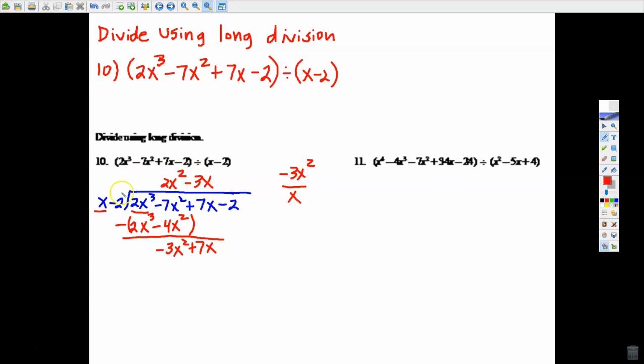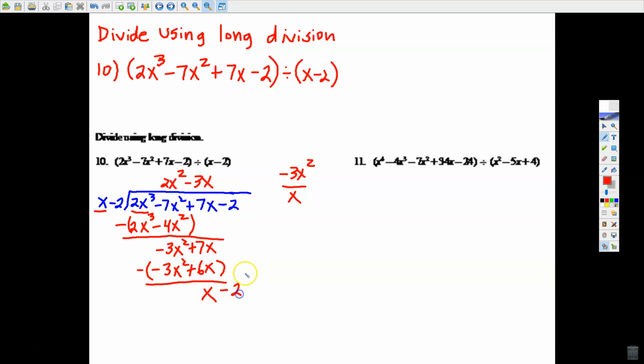And now repeat the distributive property. Negative 3x times x is negative 3x squared. And negative 3x times negative 2 is positive 6x. Subtract. The x squares are going to become 0. And now I'm doing 7 minus 6. 7 minus 6 is 1x.